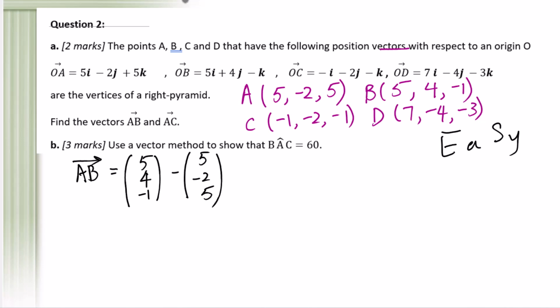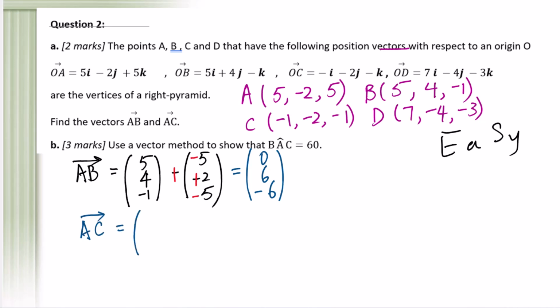We will change this subtraction into addition. Equals (0, 6, -6).